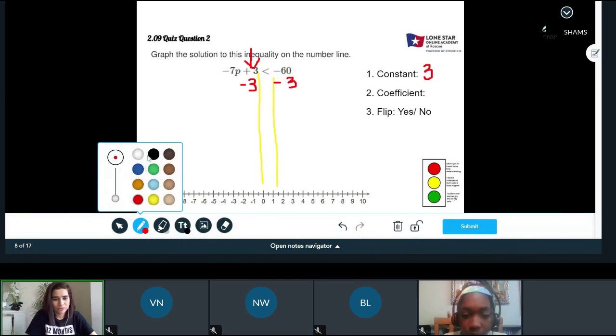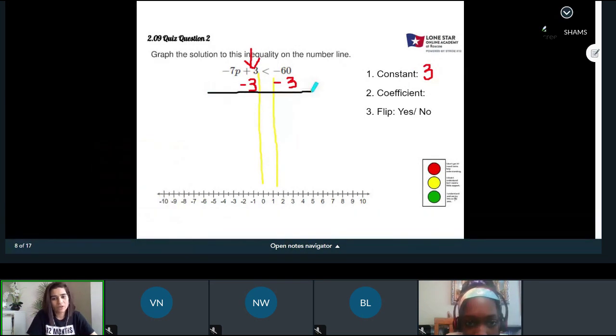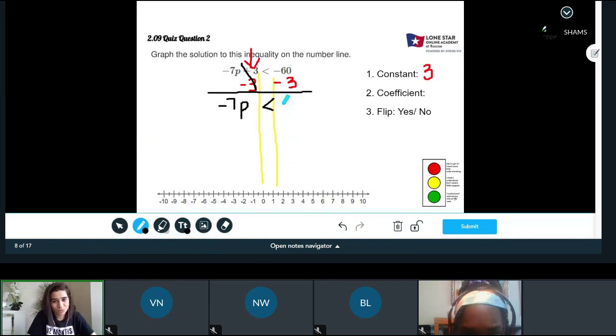And after subtracting 3 from both sides, let's see how the inequality looks like. On the right side, the +3 minus 3 becomes 0, and you are left with -7p. Should be less than -63.